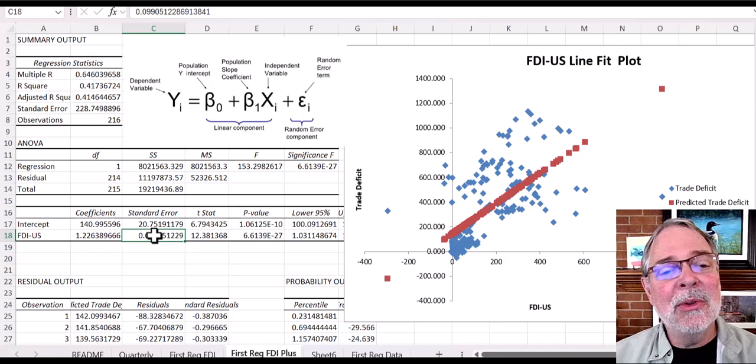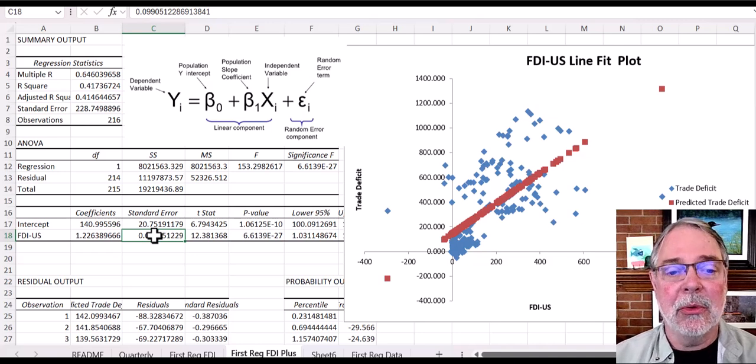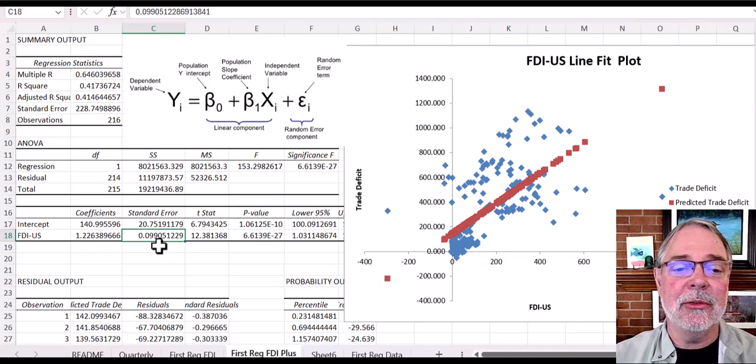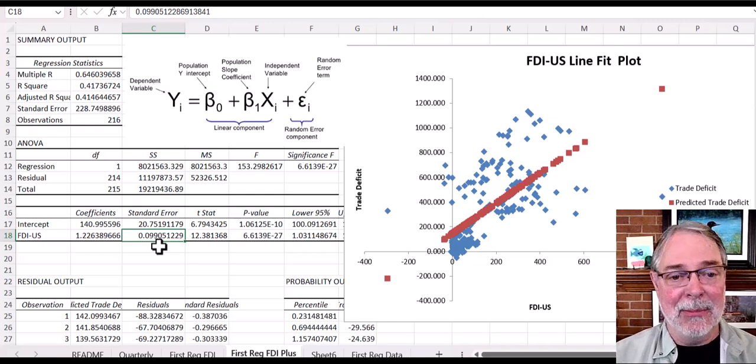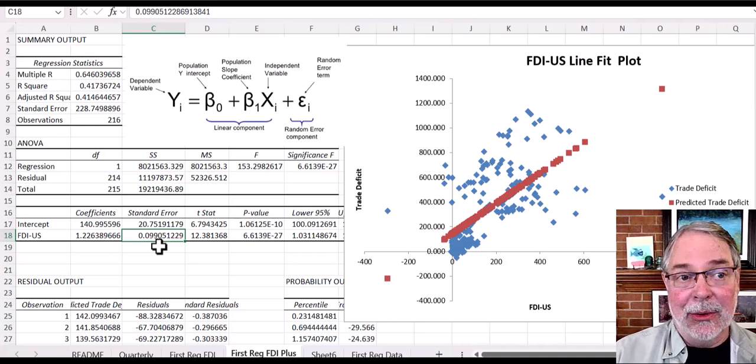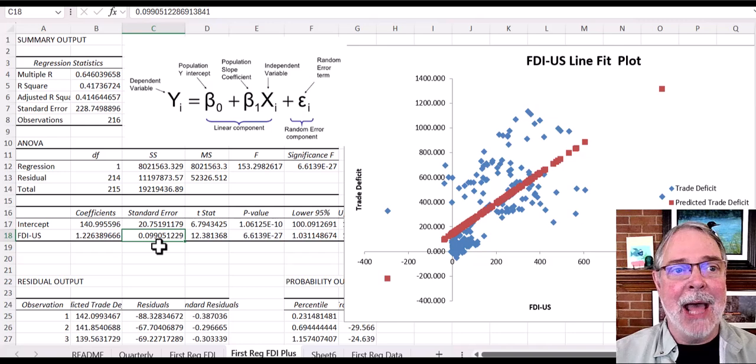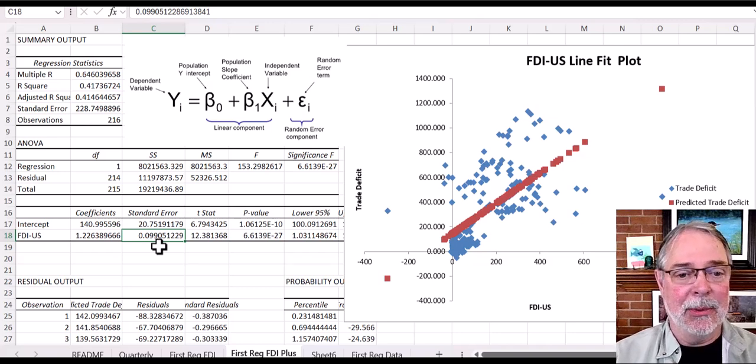You generally have to report your standard errors. Why? Well, the standard error goes to how far off your prediction is on that dimension, and how precise that variable is at making a prediction.